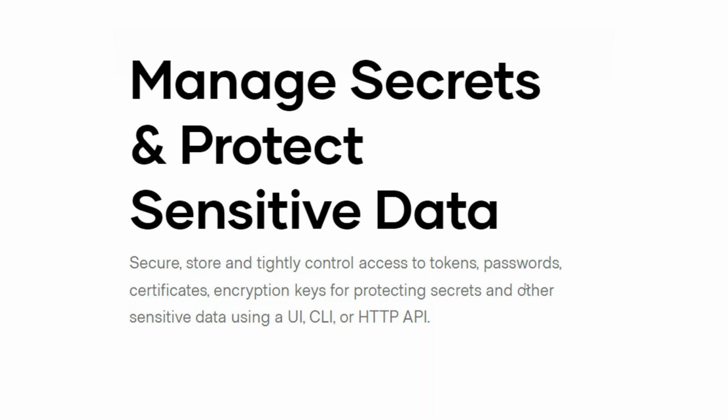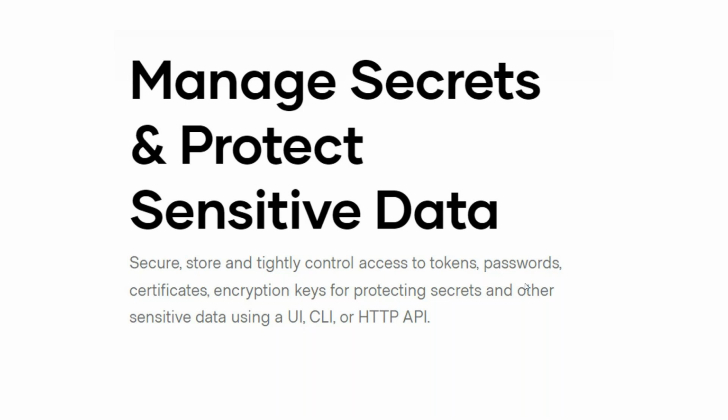Now, when we say secrets, what kind of secrets are we talking about? Secrets can be your token, your password, your certificate, your encryption keys, your OTPs also, right? So you can protect and manage.